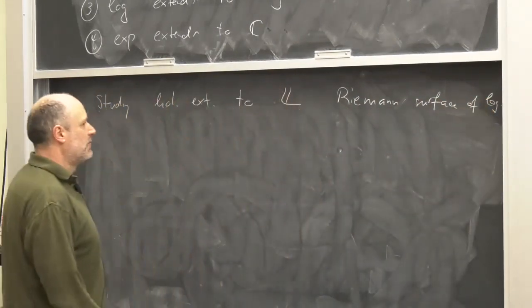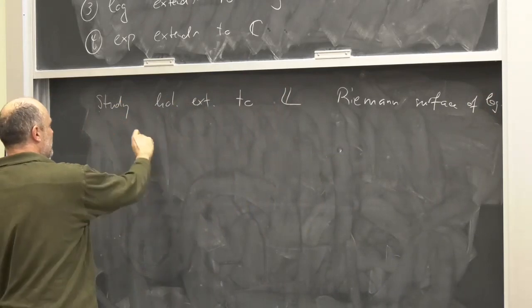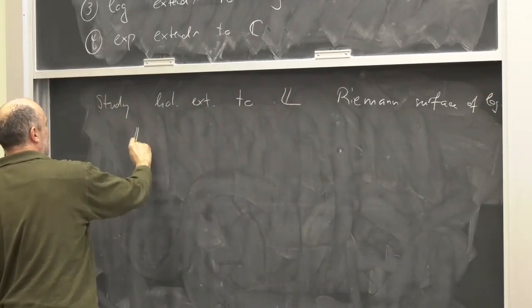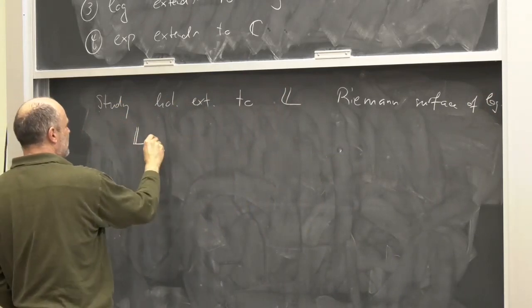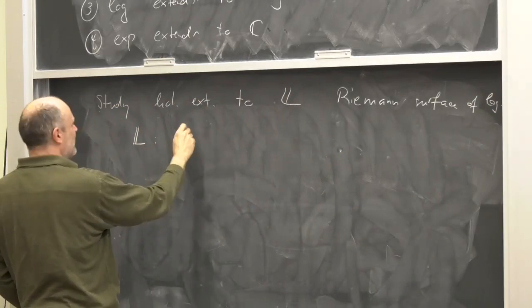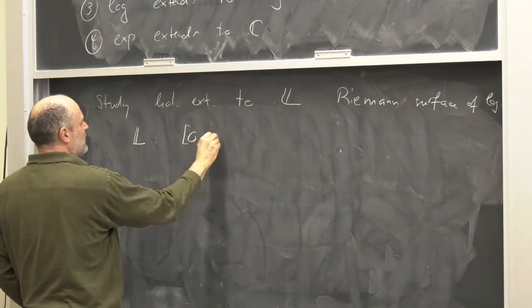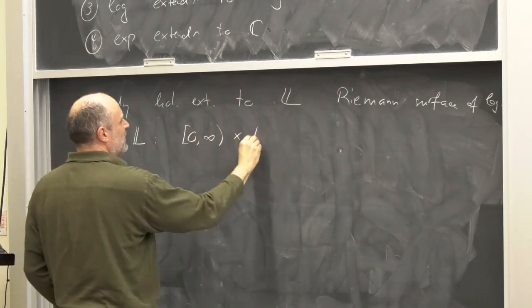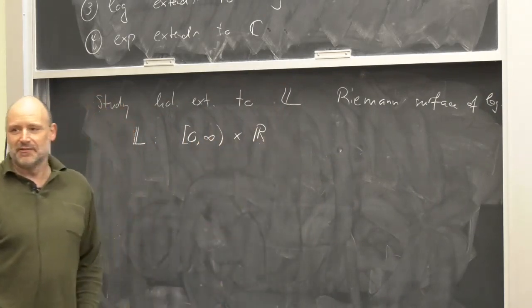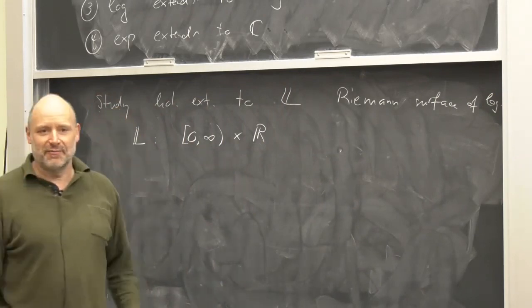All right, so let's just define this Riemann surface of the logarithm. It's a very standard construction. As a set, it's just the interval 0 to infinity cross R. Okay, so the closed right half plane, so to speak.